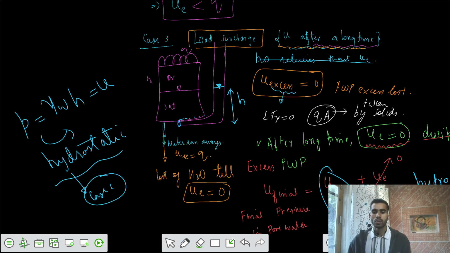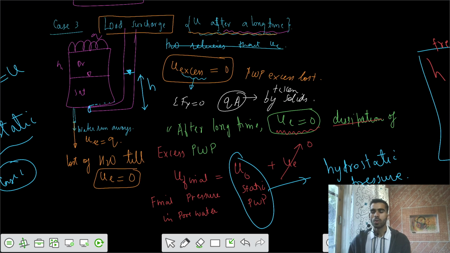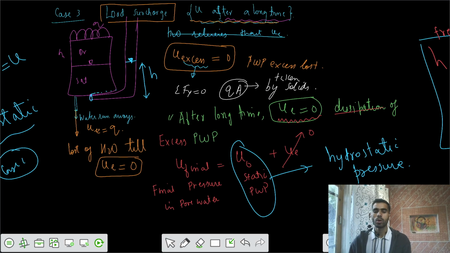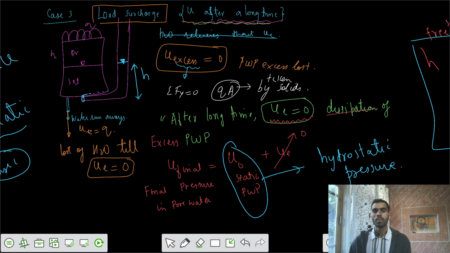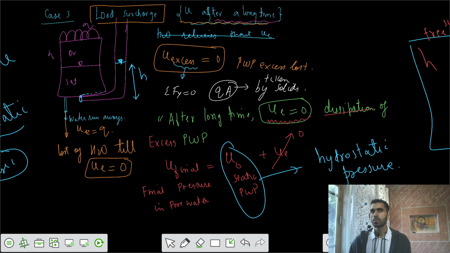So for the final case, the load was applied, and I'm calculating the pore water pressure after a very long time. At that time all the excess pore water pressure has been dissipated by the loss of water.